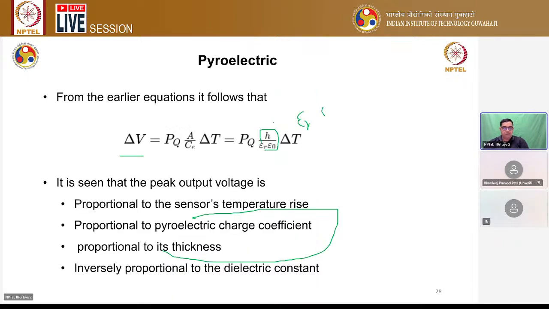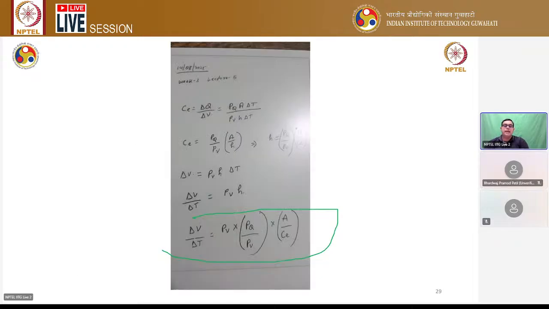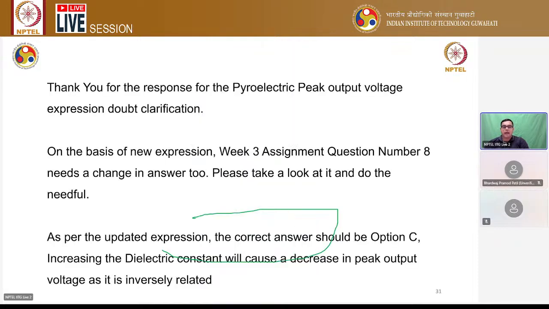Of course, with this, the takeaway points also change. It is now seen that the peak output voltage is proportional to the sensor temperature rise, proportional to the pyroelectric charge coefficient, proportional to the thickness, and inversely proportional to the dielectric constant. Earlier it was directly proportional to the dielectric constant, so that was an error that is now fixed.